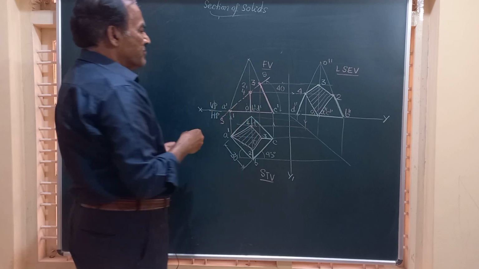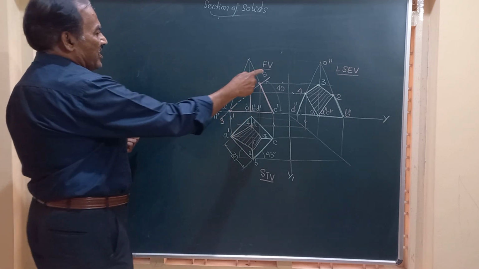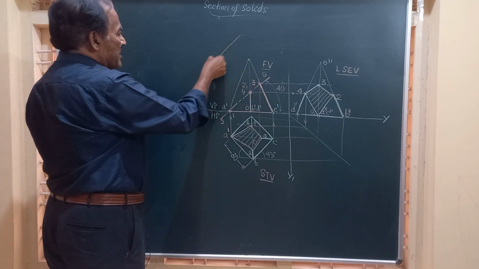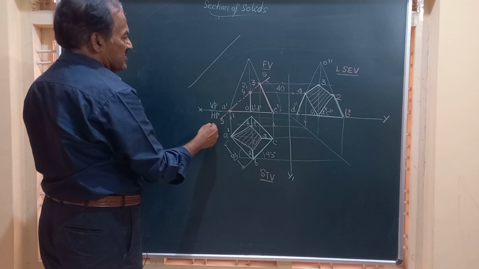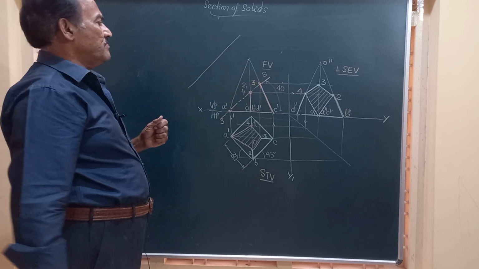You have the section plane here, cutting the solid at 4 points on the slant edges. So we will draw a line parallel to this SS at any convenient distance away from the section plane.